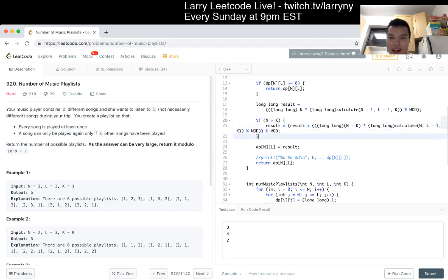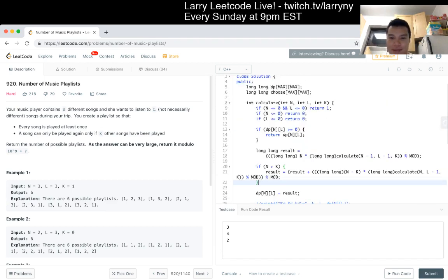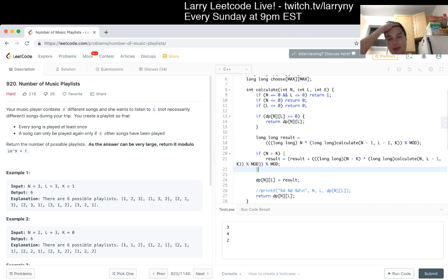So I think one thing, just as a personal thing, is that I just need to get better at this. I think I just need to be a little bit more practiced. But I definitely had all the components there. I just didn't really put it together in the end. And hopefully, if this was a real interview, they'd nudge me in the right way a little bit. But overall, I think this is an okay problem.